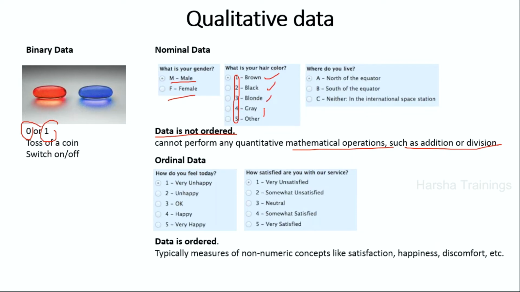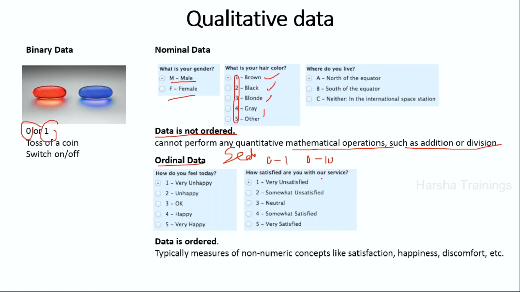Ordinal data means the data will be ordered specifically in the form of a scale. A scale can be from 0 to 1 or 0 to 10, anything. Now, whenever we go to a hotel, after taking lunch and dinner, they will give you some sort of paper for your ratings.